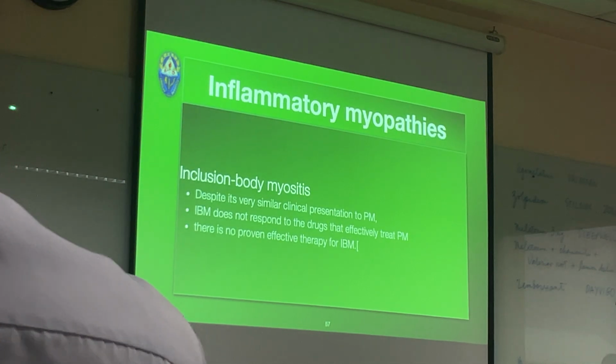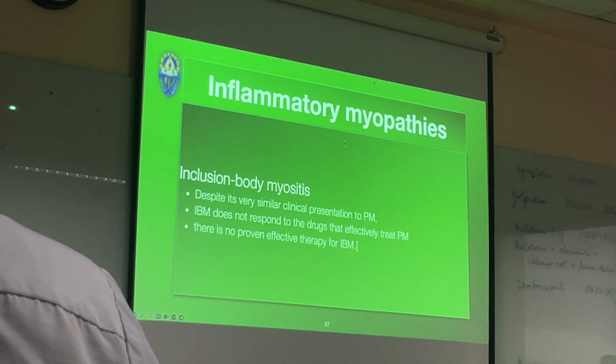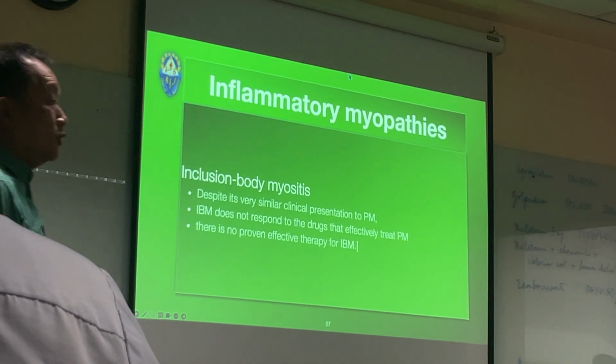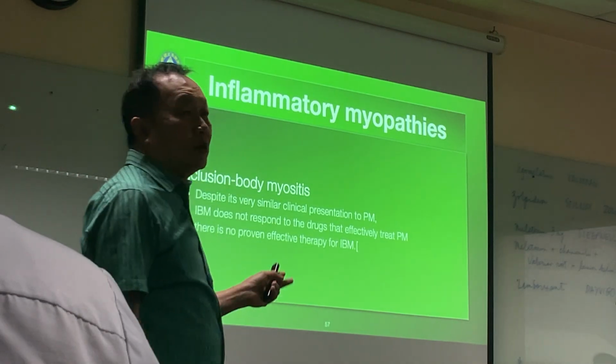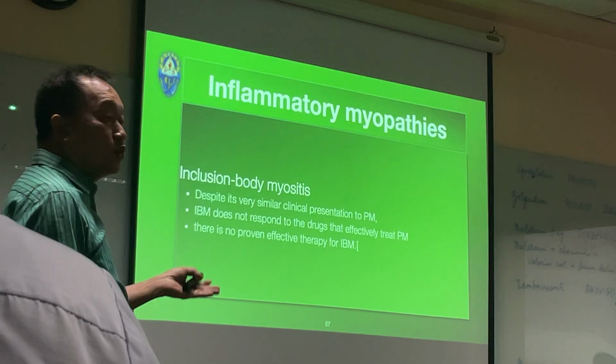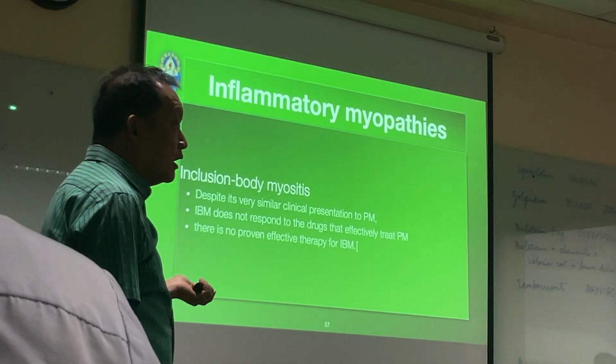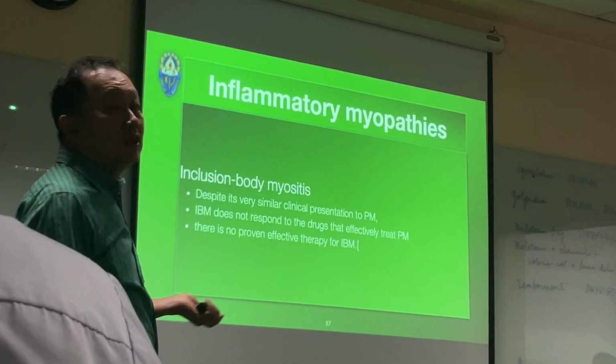What do you do for polymyositis? Mostly steroids. And but polymyositis, you look for the underlying cause. Polymyositis, dermatomyositis, though they respond to steroids, the underlying cause is usually neoplasm, an occult neoplasm.